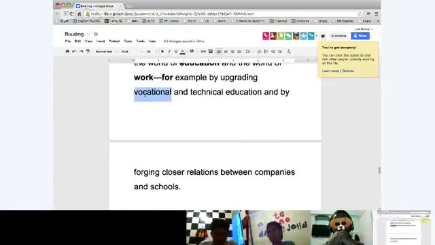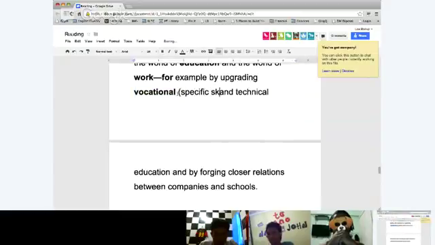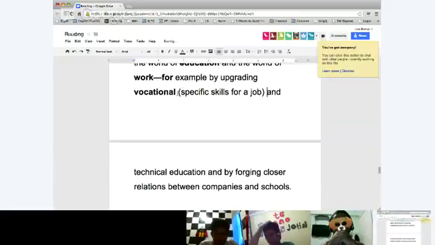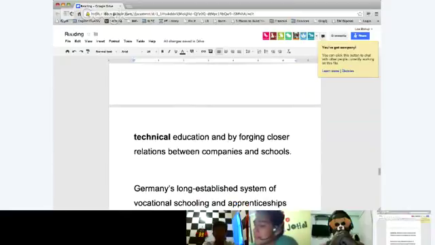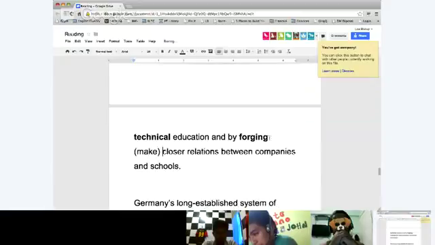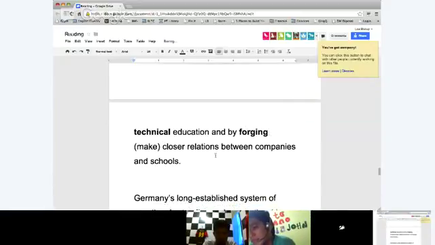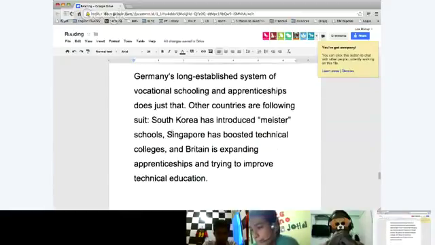So vocational study, and then also technical education like computers or learning how to work with mechanics or some kind of technological thing. And they need to forge closer. Forge just means to make relations between companies and schools.